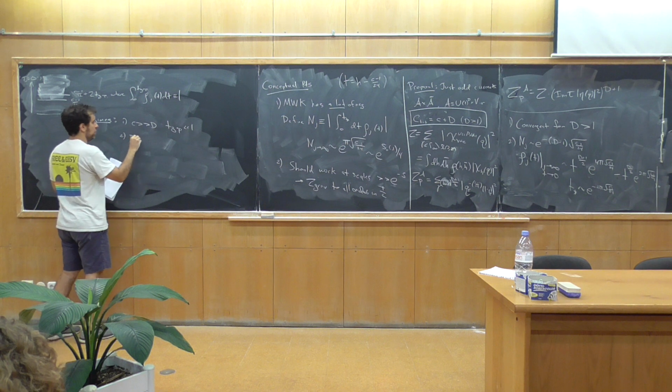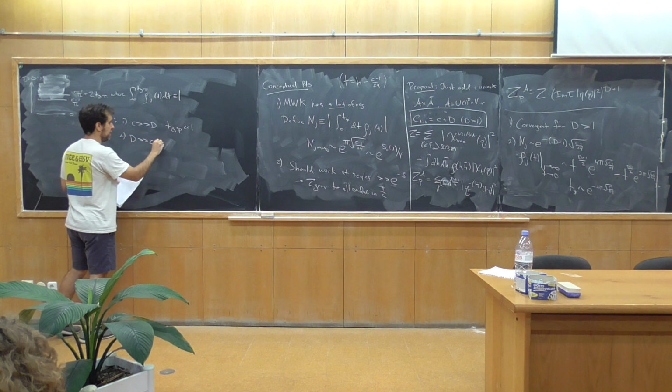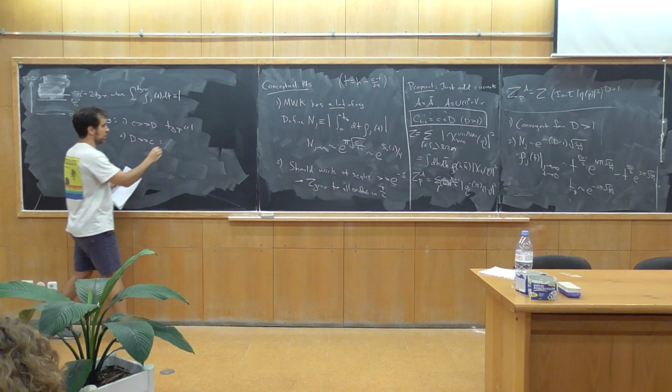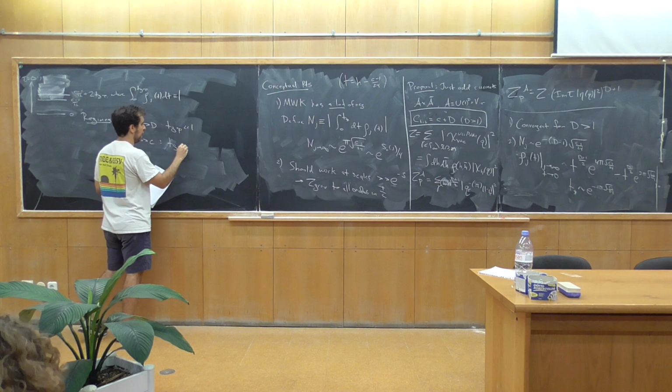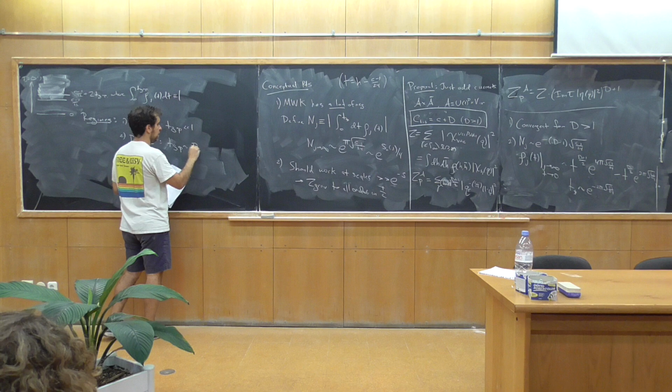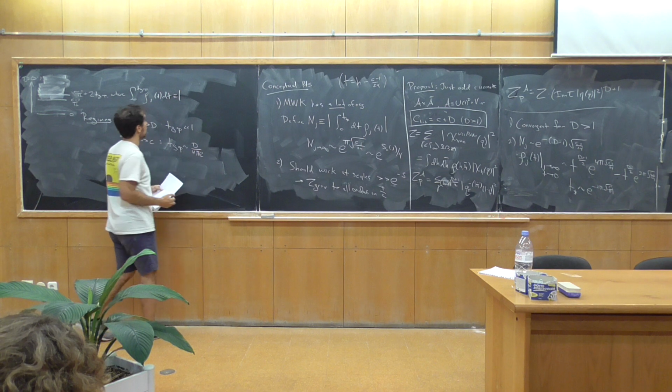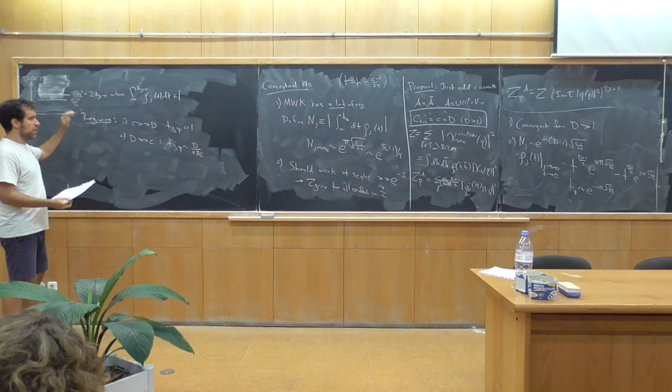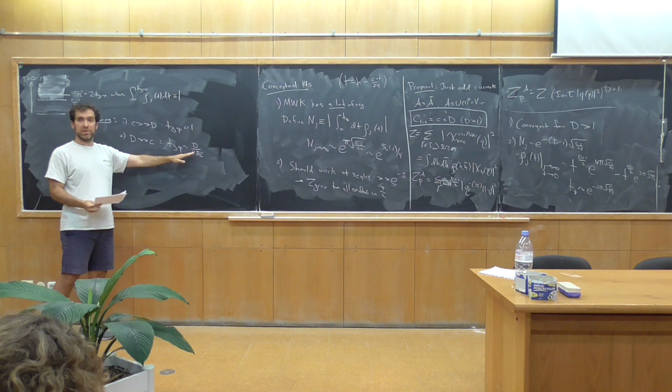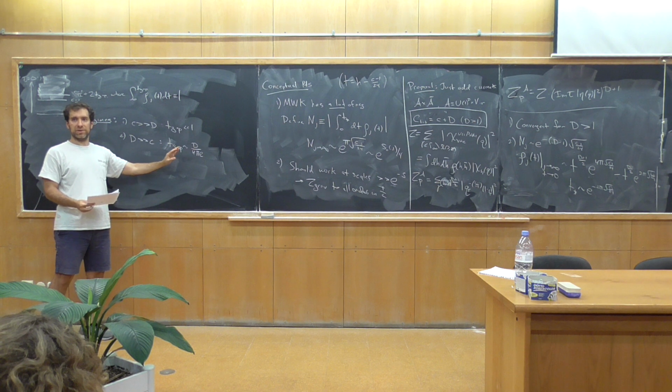We can also consider a regime where D is much greater than C. So if D is large and C is fixed, in this case, T gap goes to D over 4 pi e. And since C is, say, order 1 and D is large, this reproduces the gap in the average Narain partition function at large central charge.